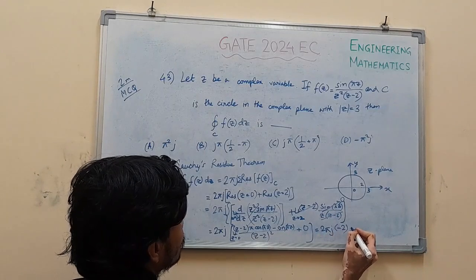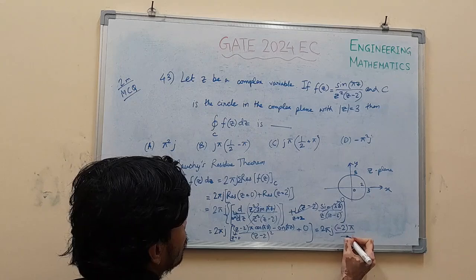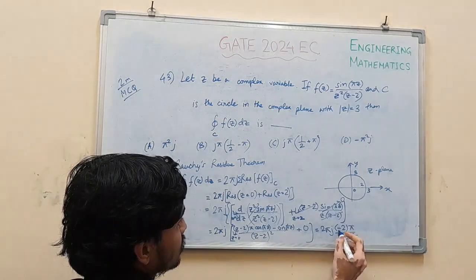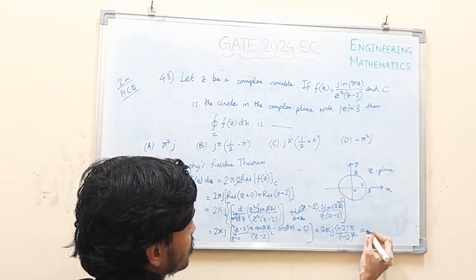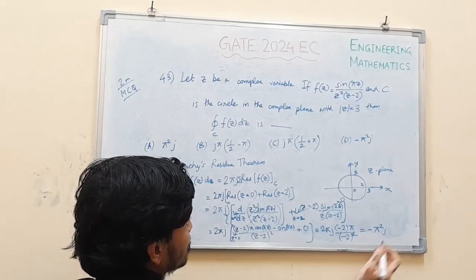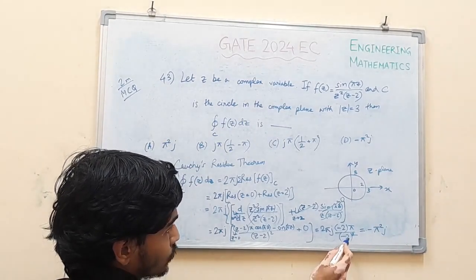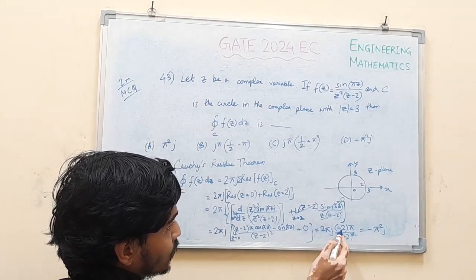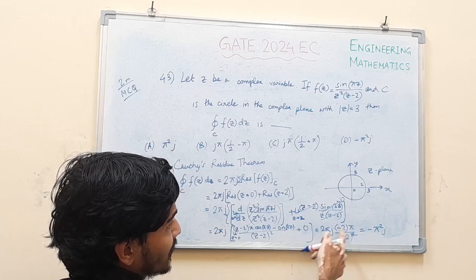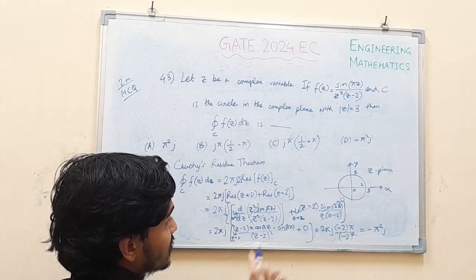So this will be minus 2 times pi by minus 2 whole square. Just put it, you get what? Minus pi square. Minus 2 square is 4, 2 into minus 2 is minus 4, minus 4 by 4 is minus 1. So minus pi into pi is pi square times j.